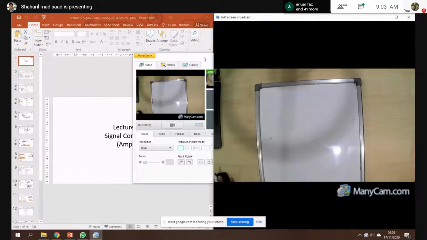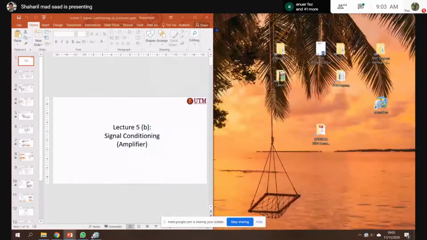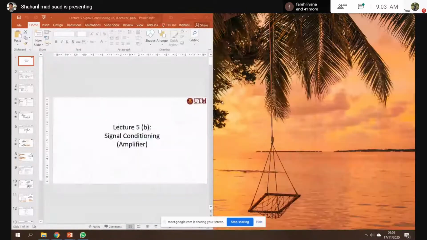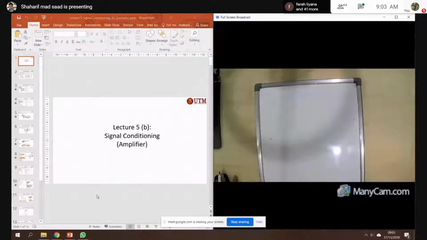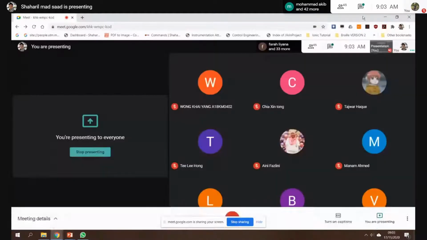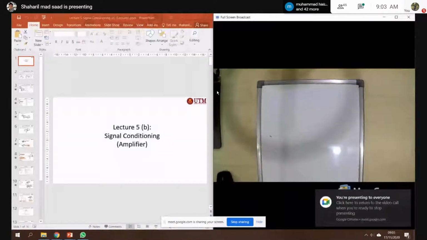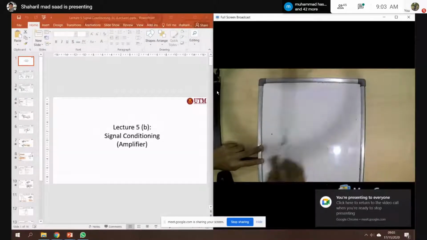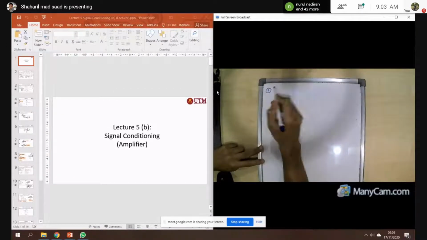You have learned this during your second year, and also in your electrical lab, I think. So last week we learned about inverting.